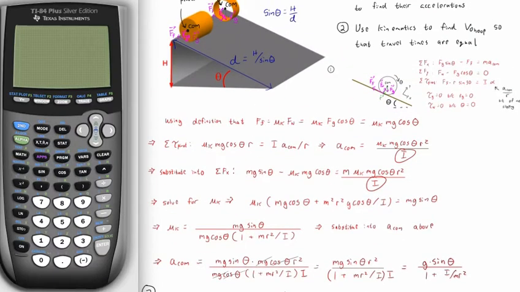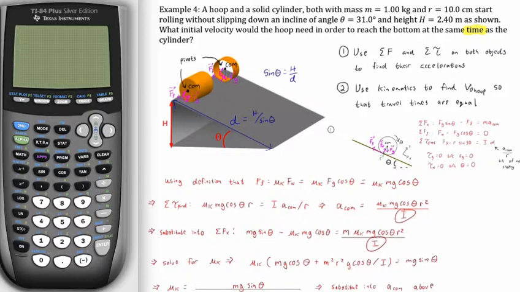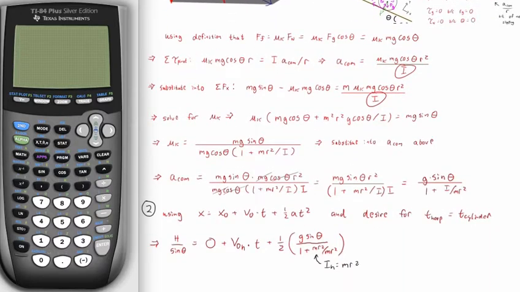It's not going to be the same for the cylinder, because the cylinder is going to have 1/2 mr squared.